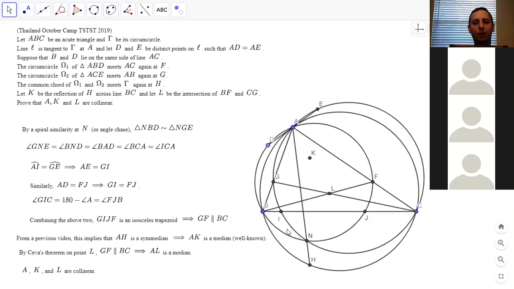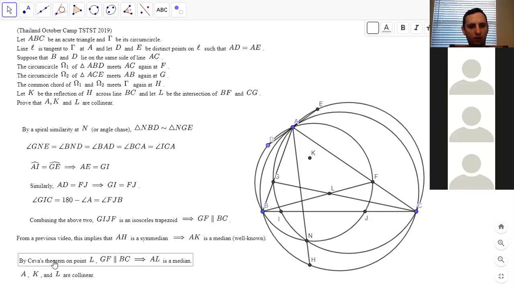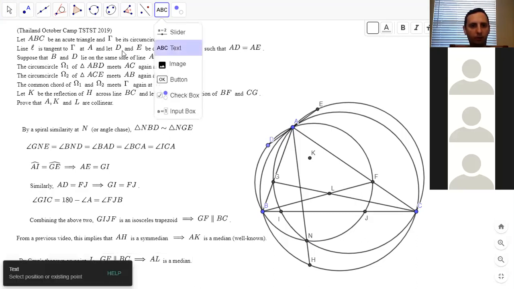Oh yeah, so basically you're saying that if you drop perpendiculars from N to AB and AC, then the ratios of those perpendiculars are AB over AC. Is that kind of what you're saying? Yeah, because of the similarity. NBG is similar to NFC. Okay, I'll just write a little bit here.